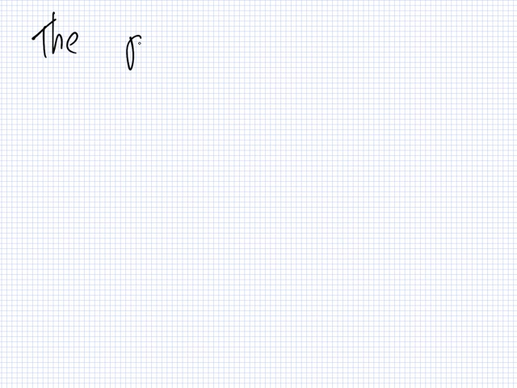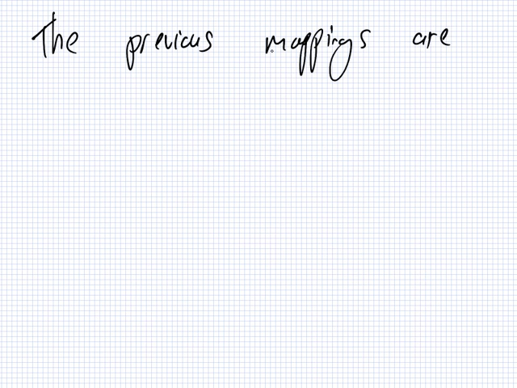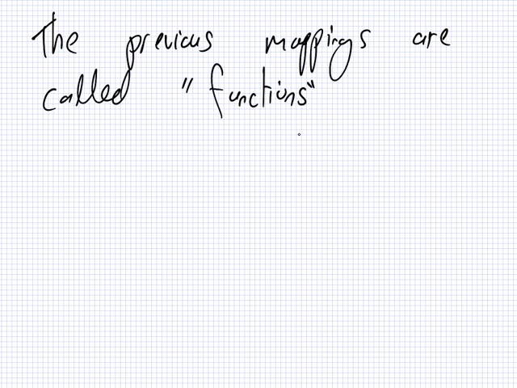The previous mappings are called functions, because they take an x and they give you a y. The next two aren't really functions, they're what you might call ill-defined or badly defined, and you'll see why in a minute. So we have 1 to many.